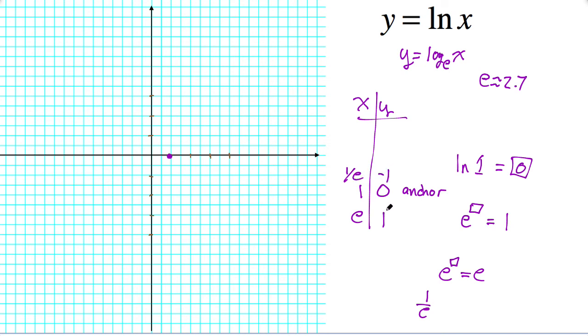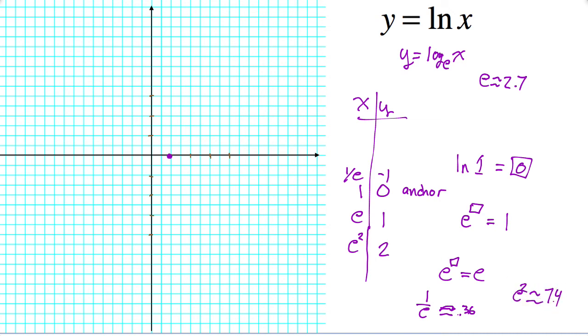Well, this would have to be negative 1. Now, 1 over e is approximately 0.36. And how about e squared? The natural log of e squared would obviously be 2. E squared is approximately 7.4.